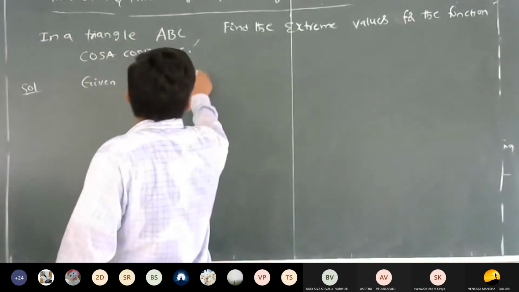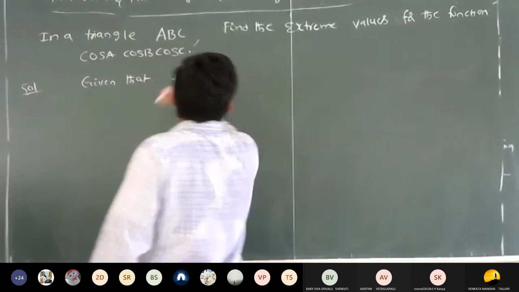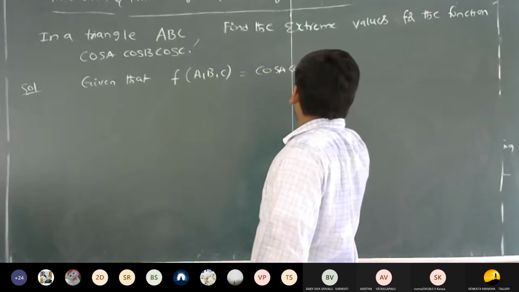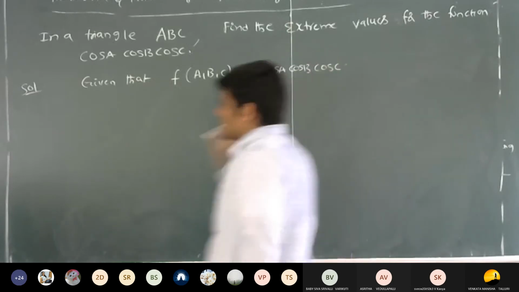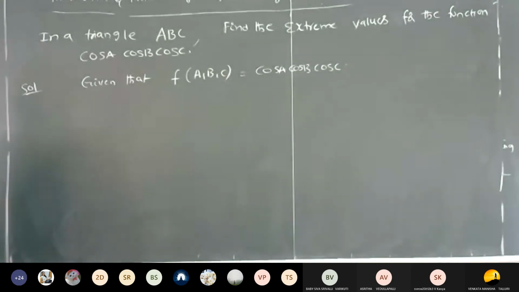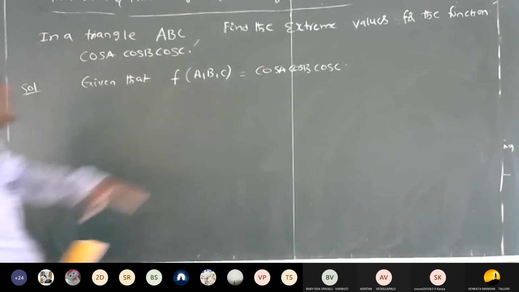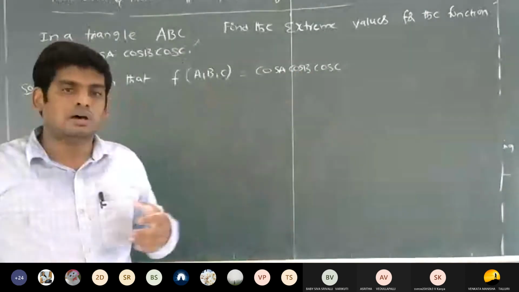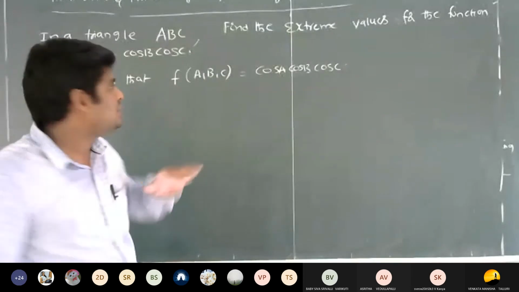Given that f of A, B, C is equal to cos A cos B cos C. You can assume A, B, C as X, Y, Z for your understanding.